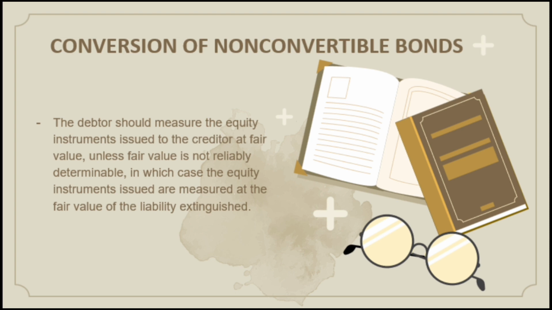If fair value is not determinable, the equity instruments are measured at the fair value of the liability extinguished. The debtor then recognizes in the profit and loss statement the difference between the carrying amount of the financial liability or part extinguished and the measurement of the equity instruments issued. This ensures proper accounting treatment for debt for equity swaps and maintains transparency in financial reporting.